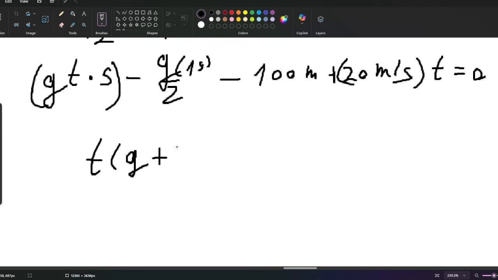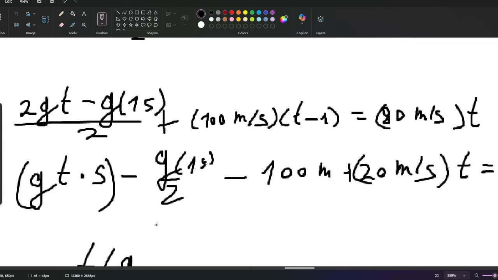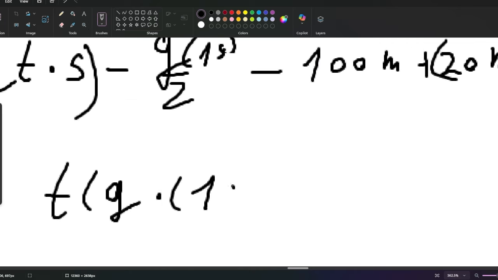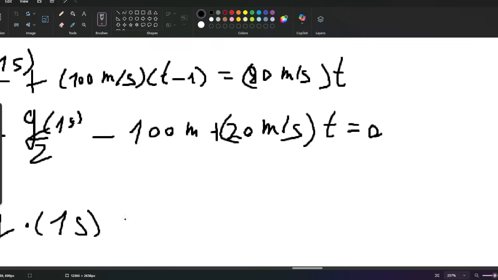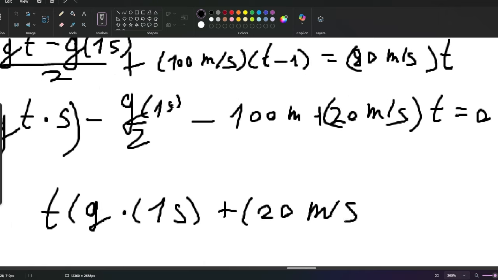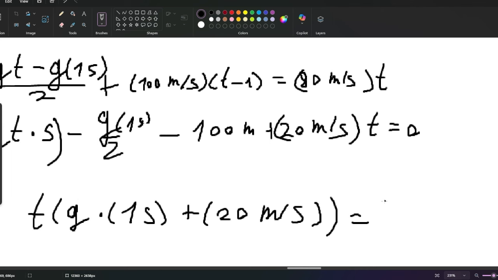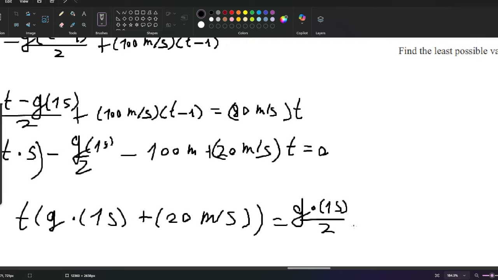I hate physics for this. g times 1 second plus 20, or wait, not, 20 meters per second is equal to g times 1 second over 2 plus 100 meters.